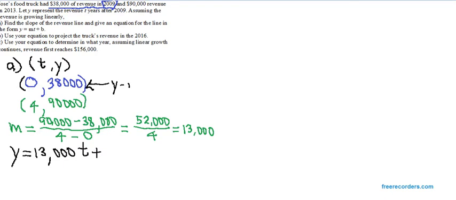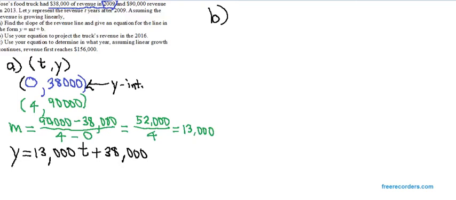If you plot the point 0, 38,000, that point is on the y-axis. Anytime your x-coordinate is 0, that point is your y-intercept, and so this is the equation of the revenue line. Y equals 13,000t plus 38,000.